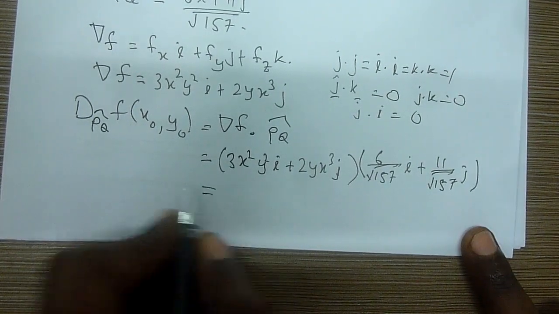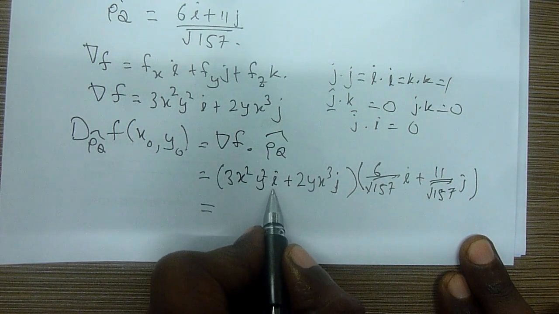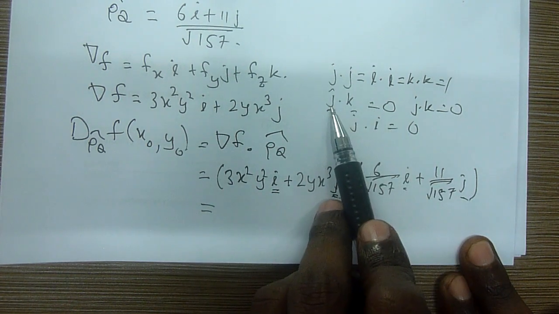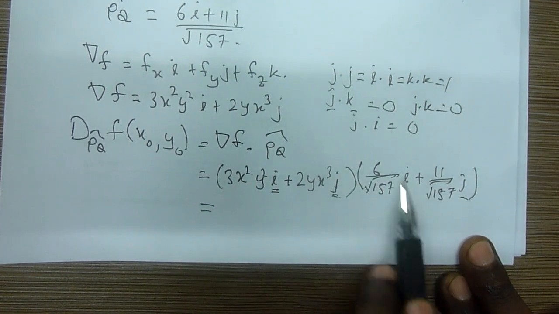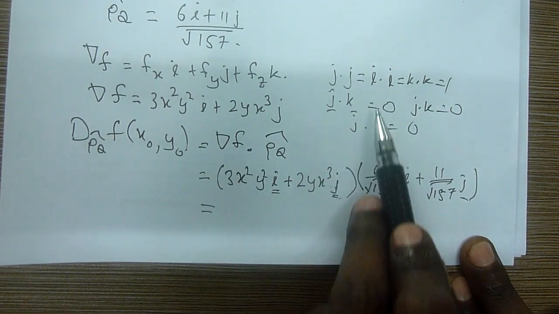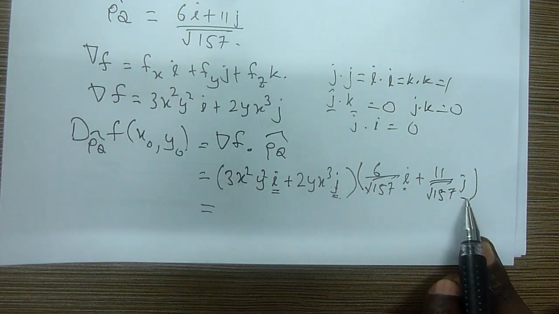which will give you in this case, you see, i with i, j with j. Okay, i with j, you will get 0. Therefore, you no need to calculate this too. It becomes 0. i with i, j with j. That's it.